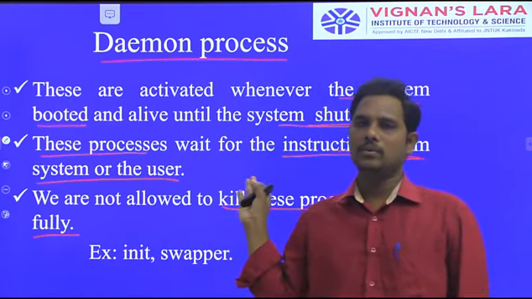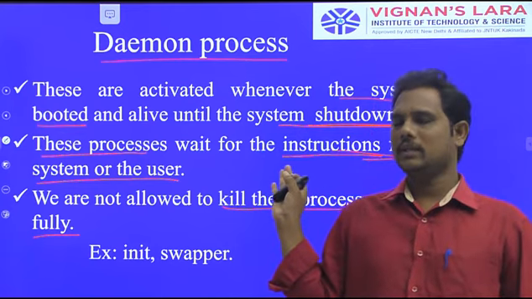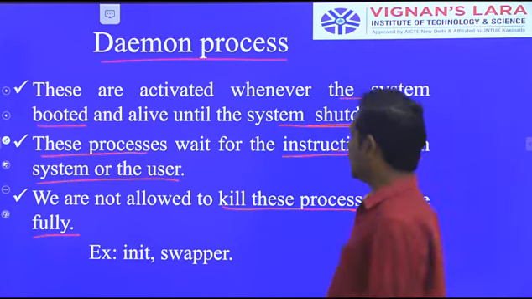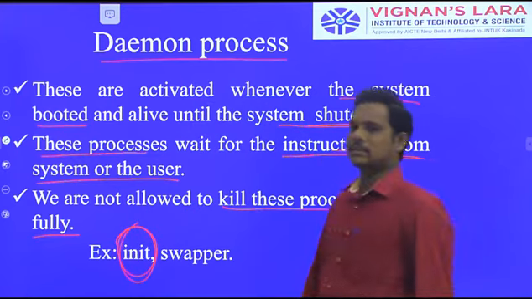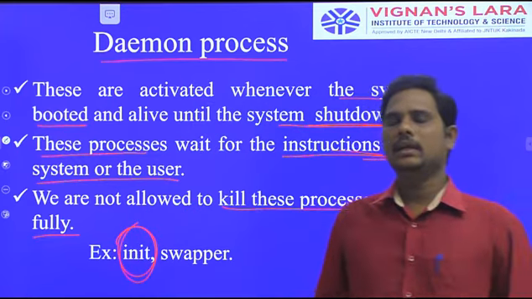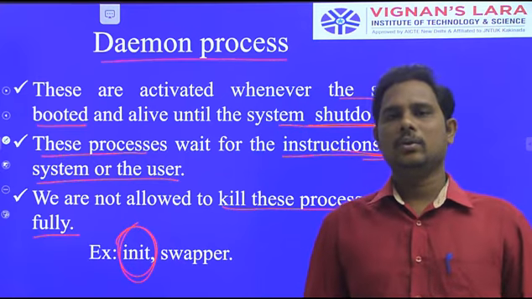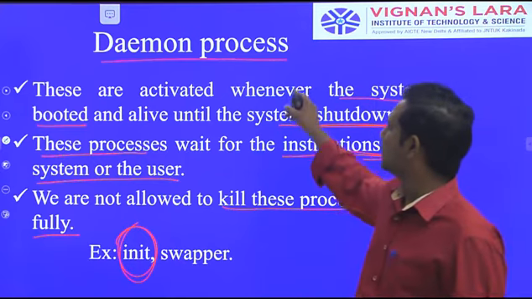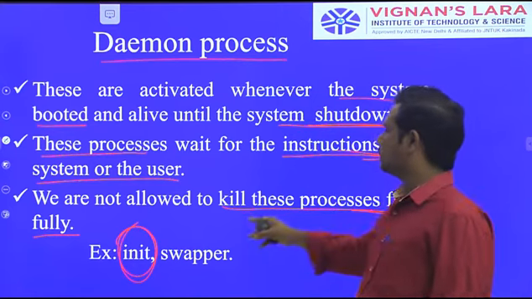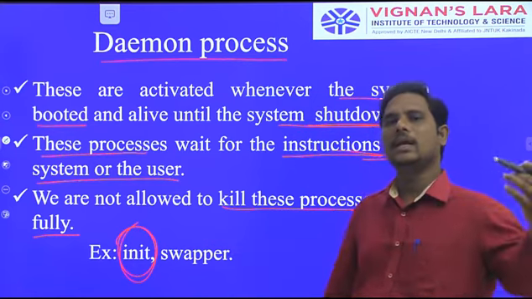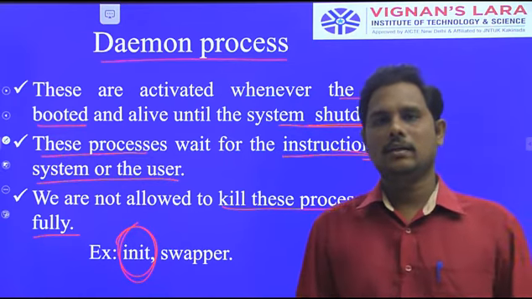In daily life we are using daemon processes. The best example is the init method, which is the root process. The root process is nothing but a daemon process. From system startup to the ending time, this method is alive and working.